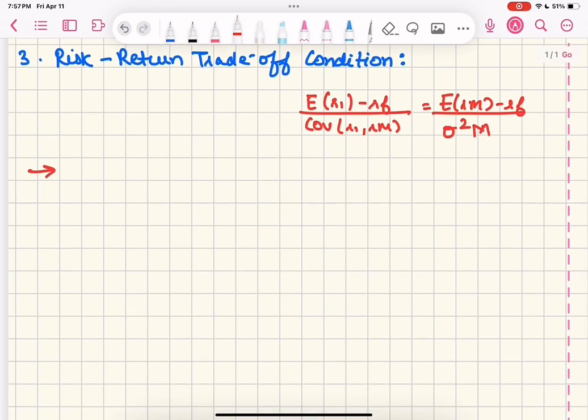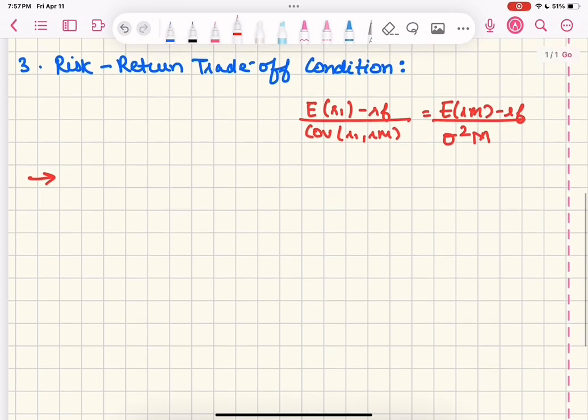So basically what it means is every risky asset should deliver return in proportion to how much it moves with the market.